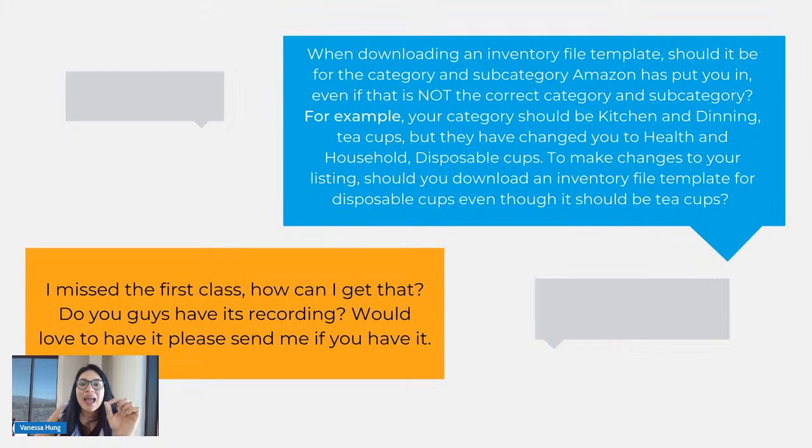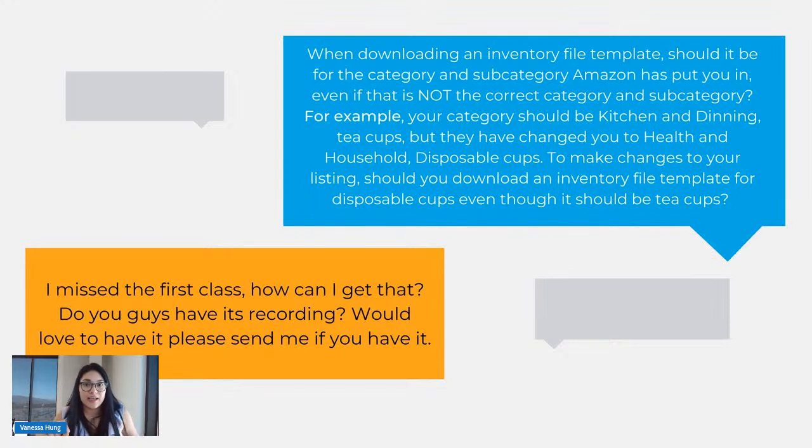But in your example, and this is perfect to talk about sibling categories, if it makes even just 20% sense that this is a disposable cup, you should be using the attributes for that category and the attributes for teacups under kitchen and dining, and optimizing that.